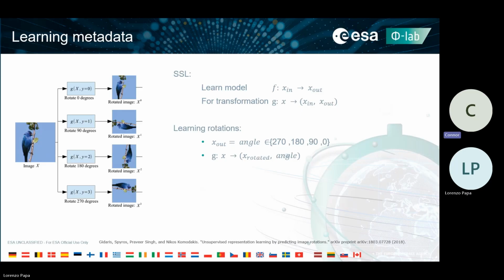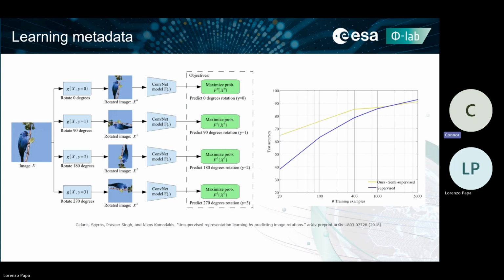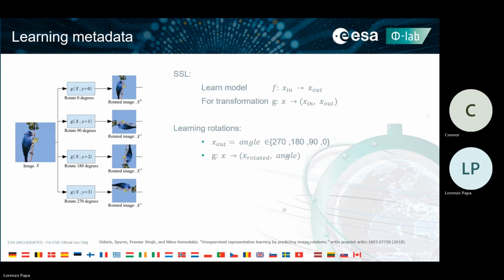So for example, we can have an image of a bird, we can apply a specific rotation, and we want to give to our model, that is placed here, the ability to learn which kind of rotation, or better, to generate the image based on the rotation. An image that the system had never seen.